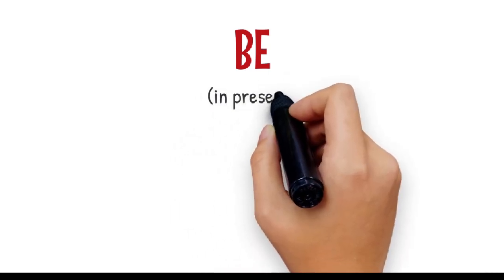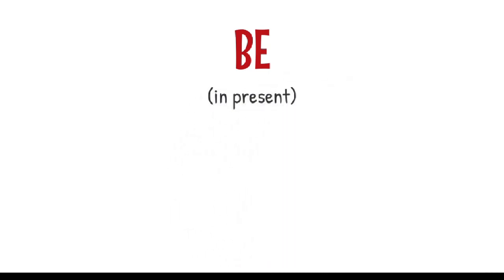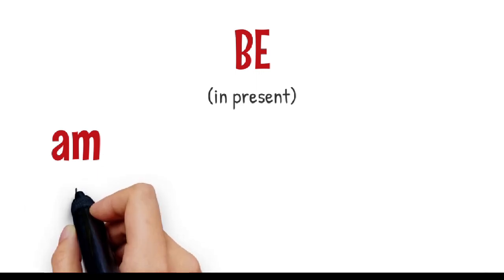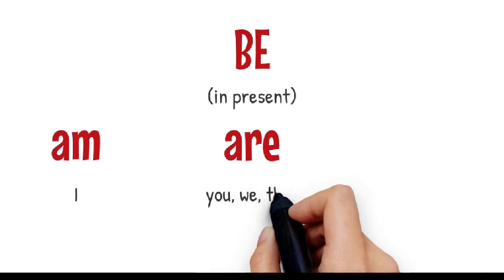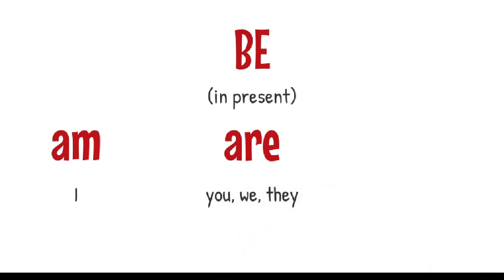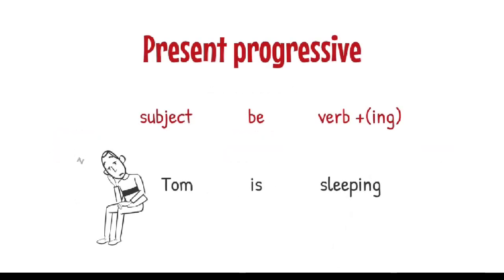The correct forms of the verb be in present time are am for I, are for plural nouns, you, we, they, and is for singular nouns, he, she, it. So, our sentence structure is subject plus verb be plus verb with ing ending.